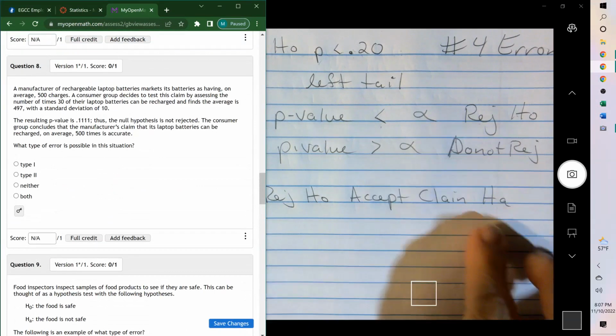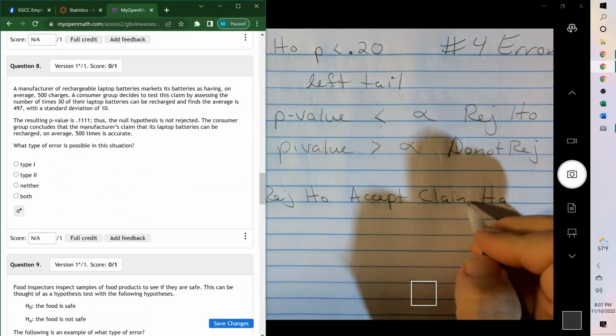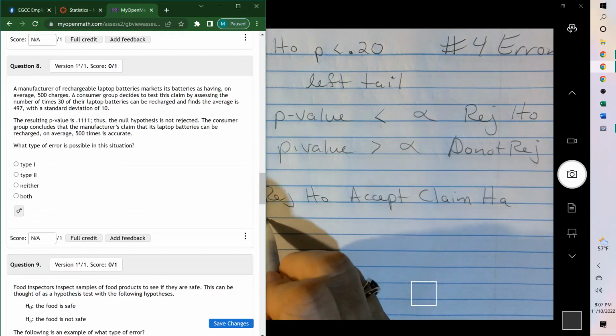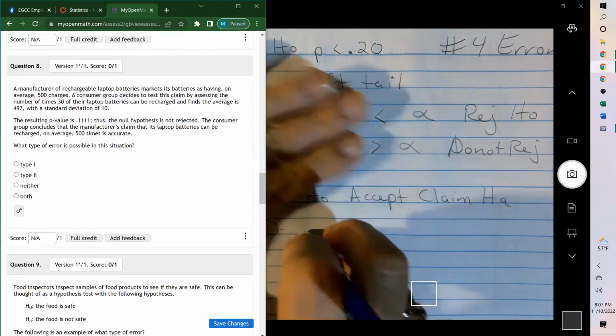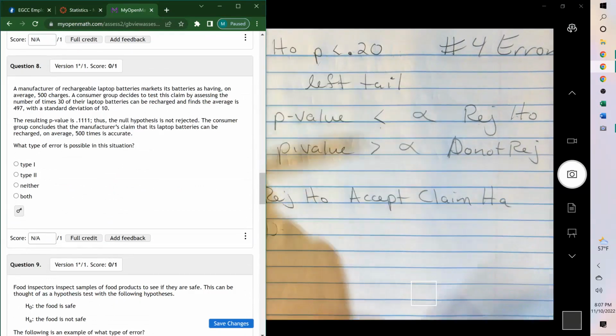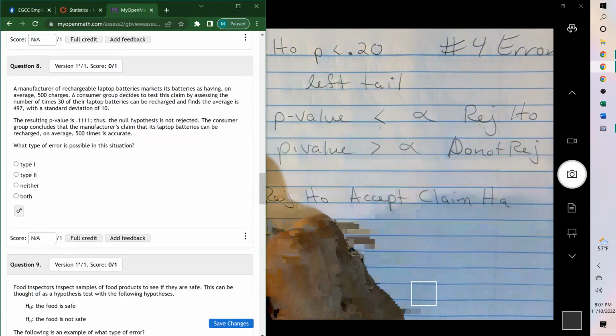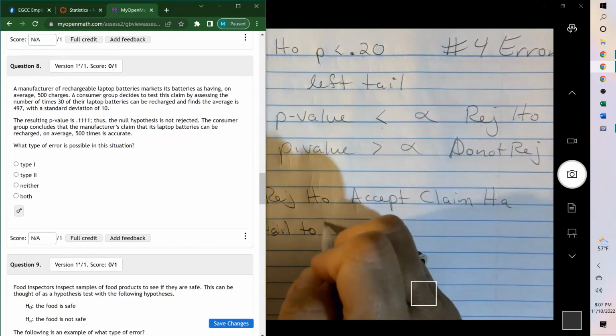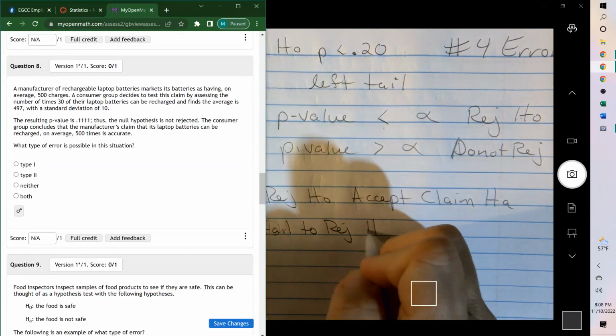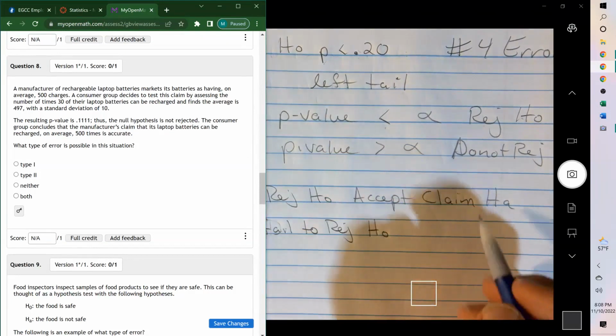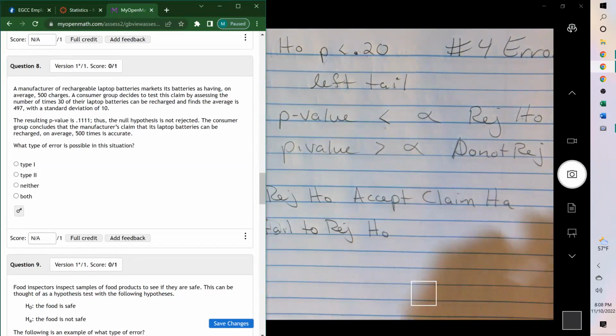And if you fail to reject or do not reject, it doesn't support the alternative.